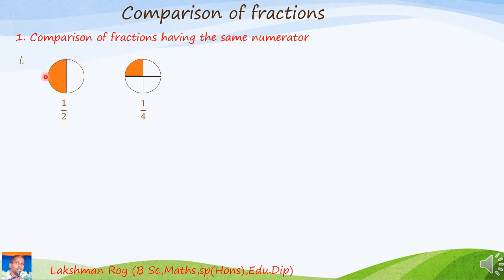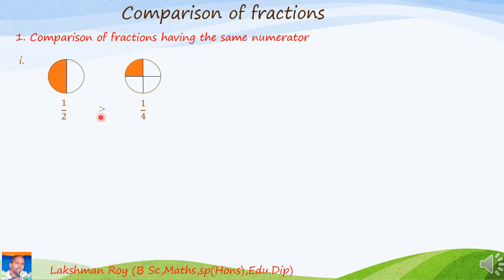Now in these pictures, you can see this colored portion is greater than this one, right? So this colored part is represented by half, this colored part is represented by 1/4, so this colored part is big, that means this fraction is big.